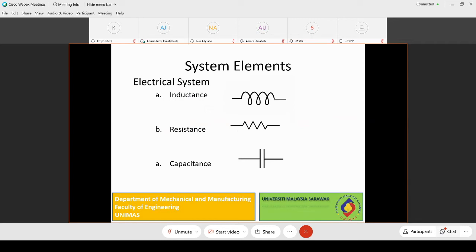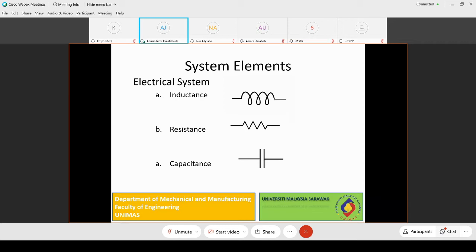So just now we have looked into the mechanical system. Now let's look at the analogy of the electrical system with the mechanical system, based on the three main principles just now, which relate to the transmission of energy, the dissipative energy, and the elements that store energy.